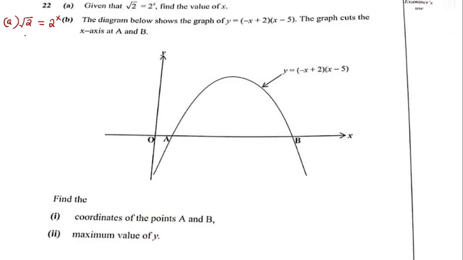This can also be written as 2 to the power 1 over 2 is equal to 2 to the power x there.